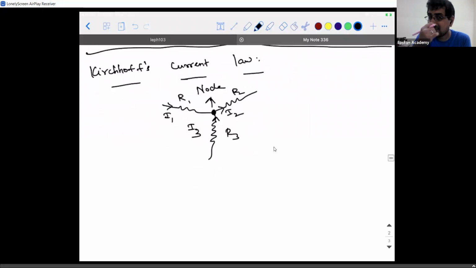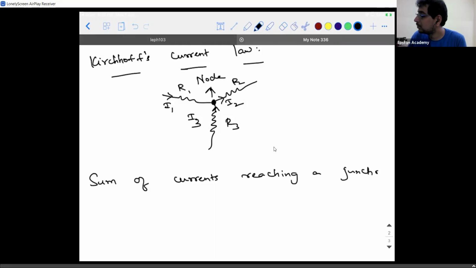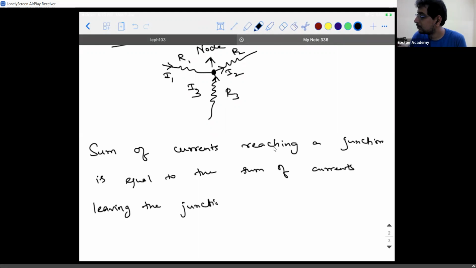Then the statement of Kirchhoff's current law is like this: sum of currents reaching a junction is equal to the sum of currents leaving the junction. So based on this, tell me what is the relation between I1, I2, and I3.